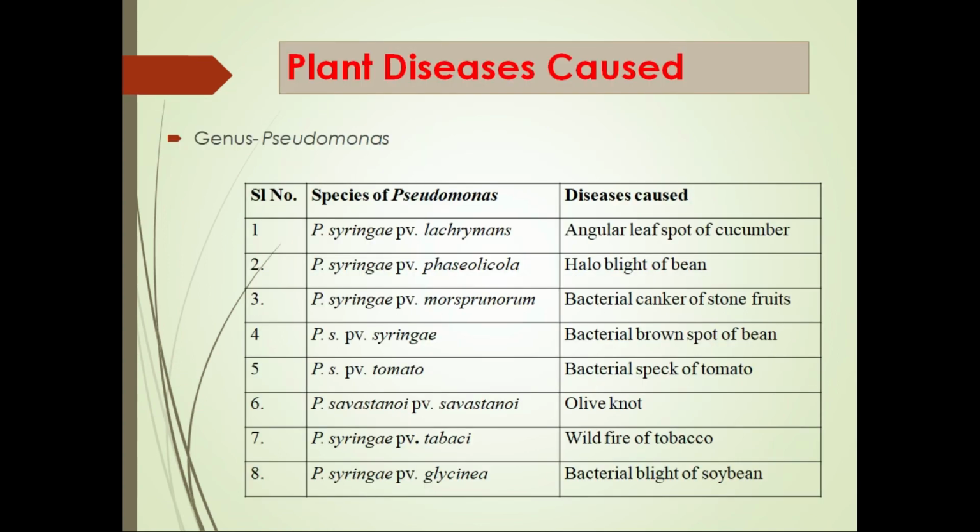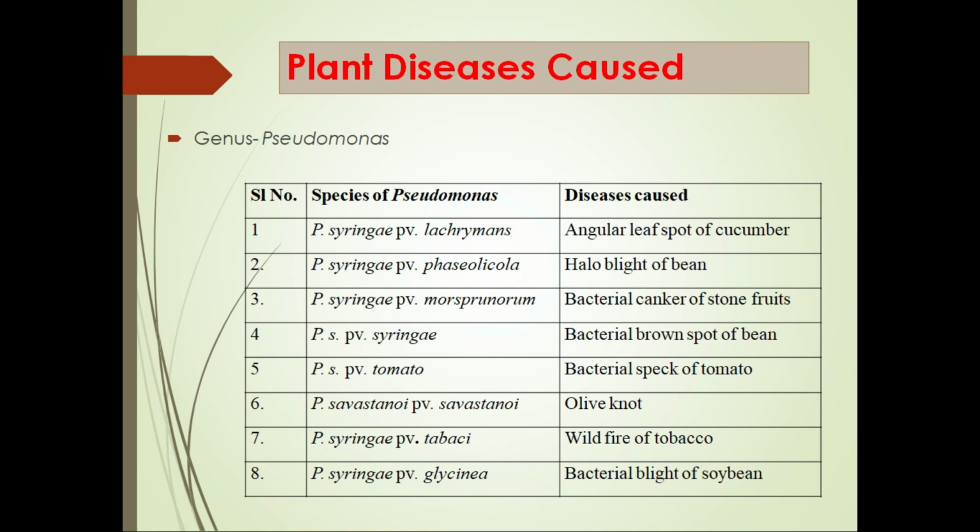Now let us see the diseases caused by plant pathogenic prokaryotes. The genus Pseudomonas is a very important genus, and the species Pseudomonas syringae with many pathovars are very important plant pathogens. Pseudomonas syringae pathovar lachrymans causes angular leaf spot of cucumber.